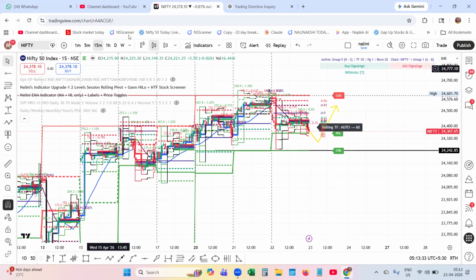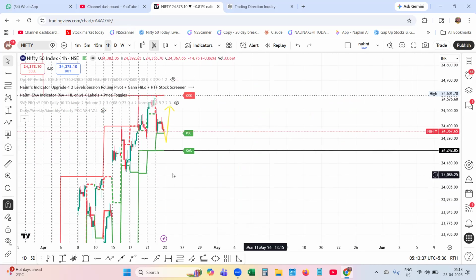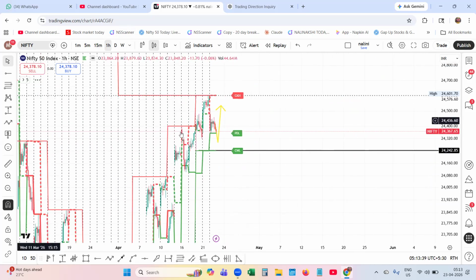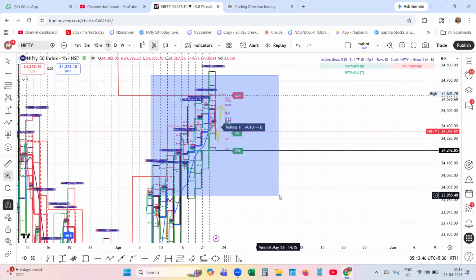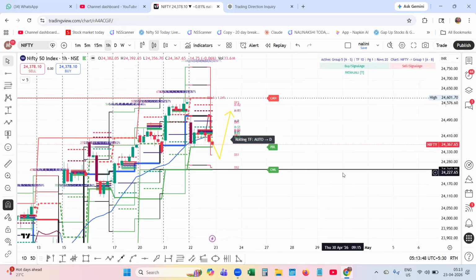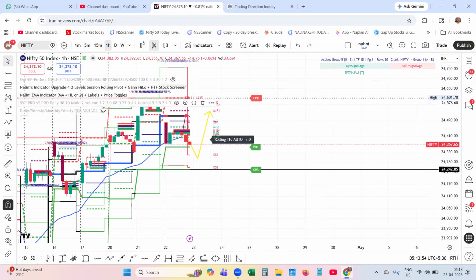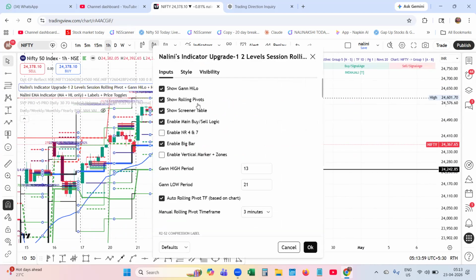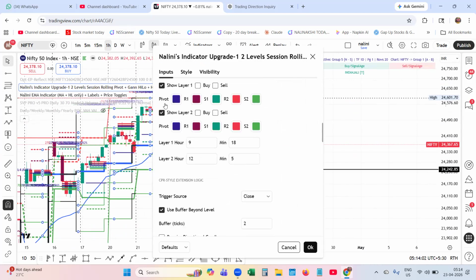If I apply the Nalini precision engine, I go to the hourly time frame. Let me take out layer 1 because too many lines will come.